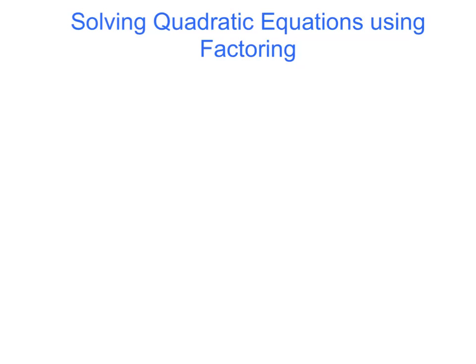In this lesson, we're going to look at solving quadratic equations using factoring. When we're solving a quadratic equation, we have our quadratic equation in the form ax squared plus bx plus c, and it's set equal to 0.